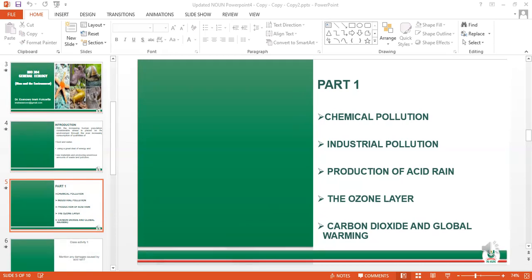Chemical pollution. To cope with an increasing human population, widespread agriculture is carried out increasingly by modern methods, and this has caused large amounts of chemicals to be introduced into the environment. We are quite familiar with these chemicals, especially those of us who are into farming. We have the pesticides, the herbicides, and even the fertilizers. A good example is the chlorinated hydrocarbon, a class of compounds that includes DDT.